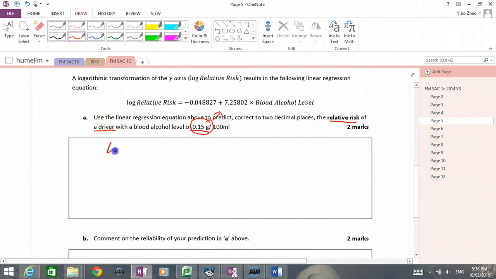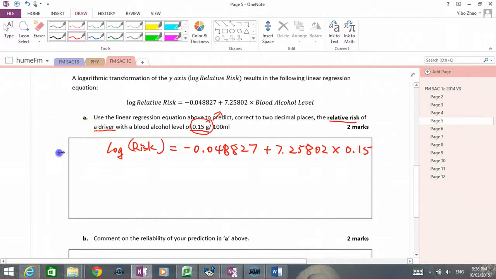all the other things. So I have log risk equal to 48827 plus 7.25802 times 0.15.